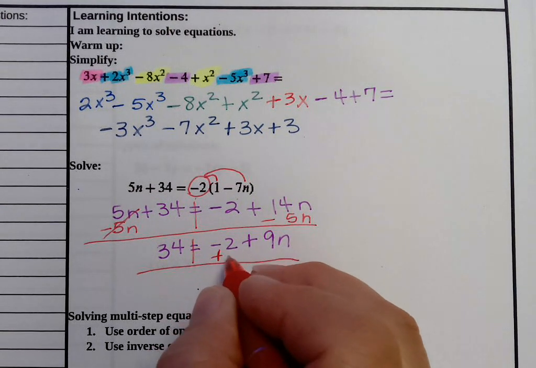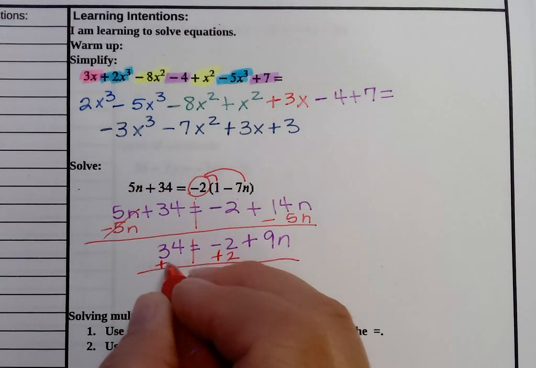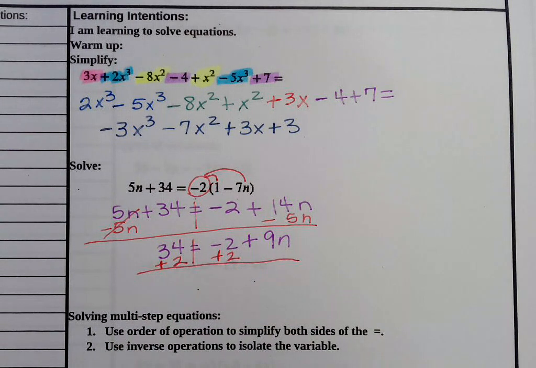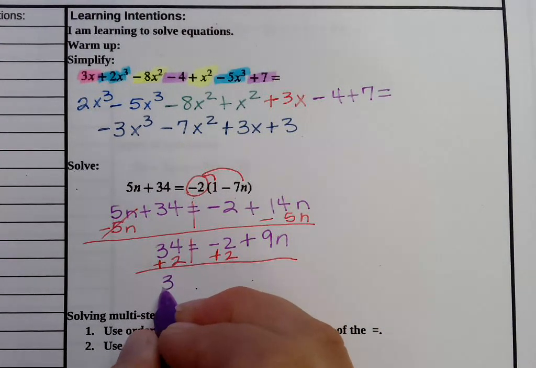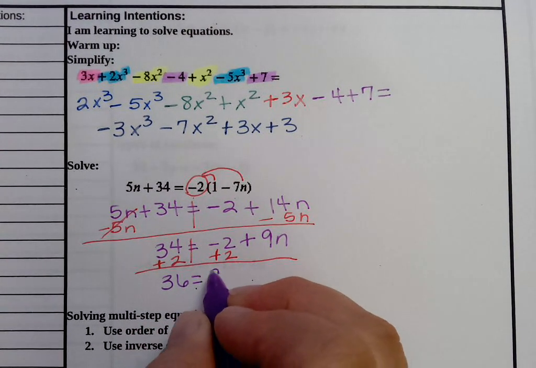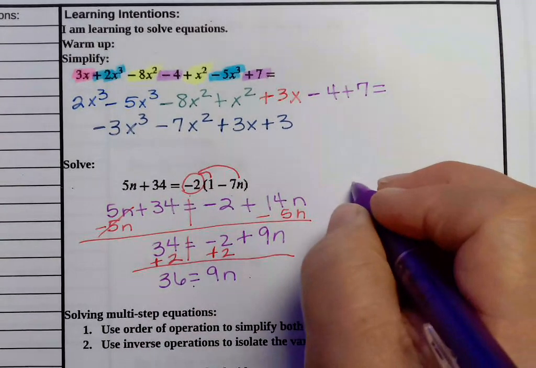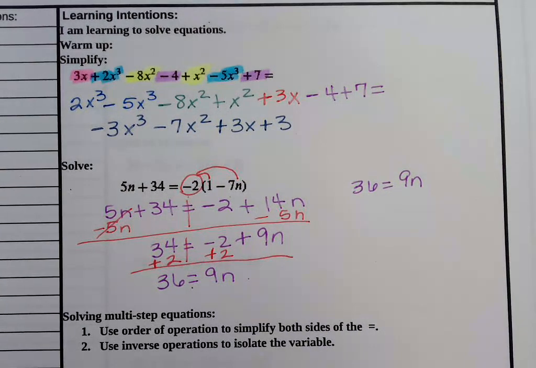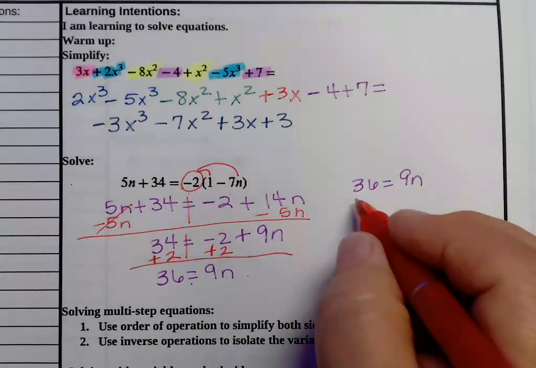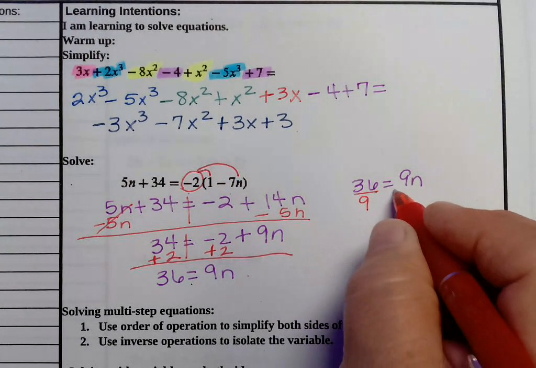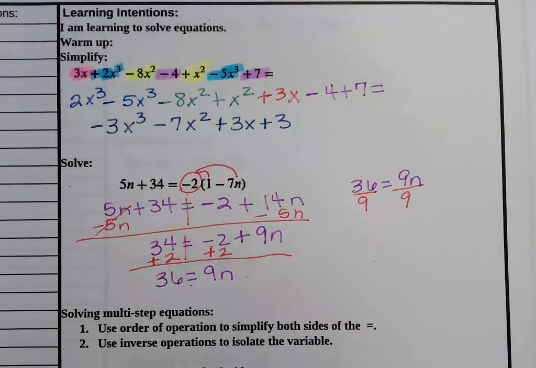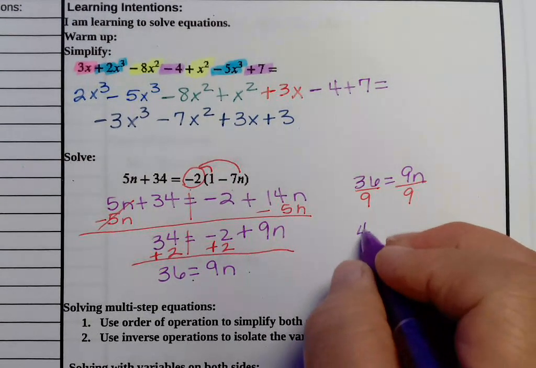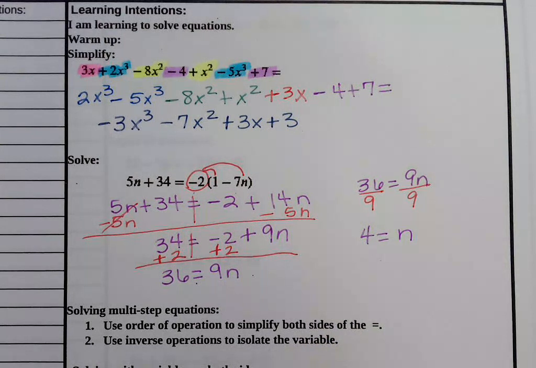The opposite is to add 2. 36 is equal to 9n. The last step will be to divide by 9 on both sides. And 4 is equal to n.